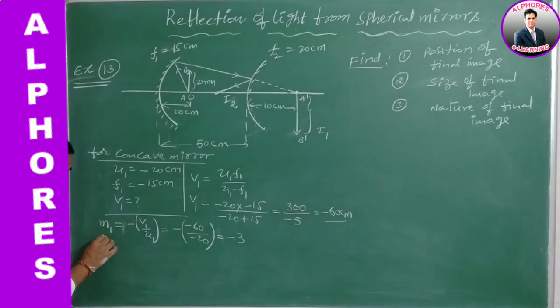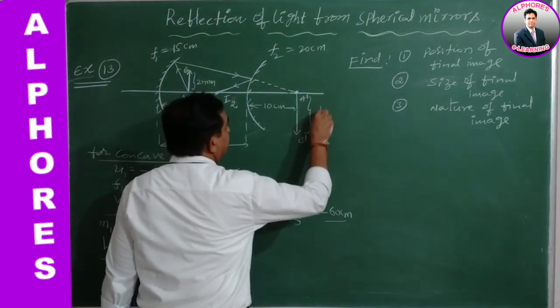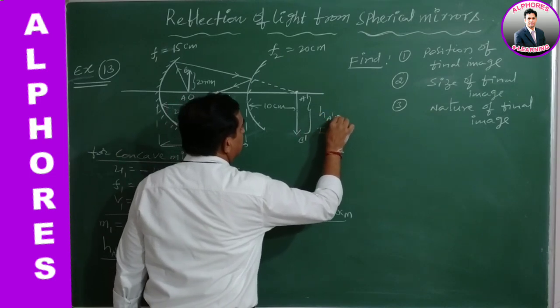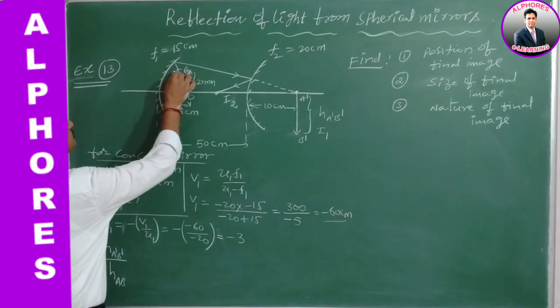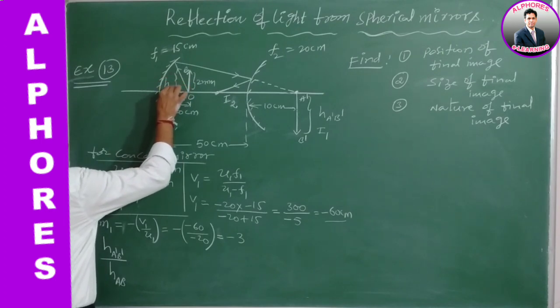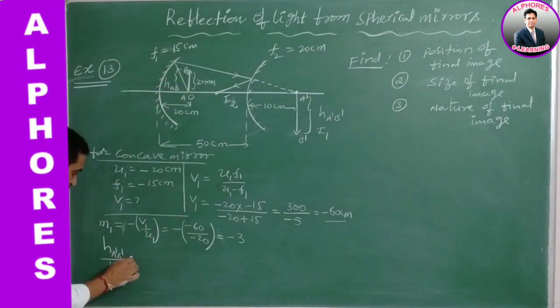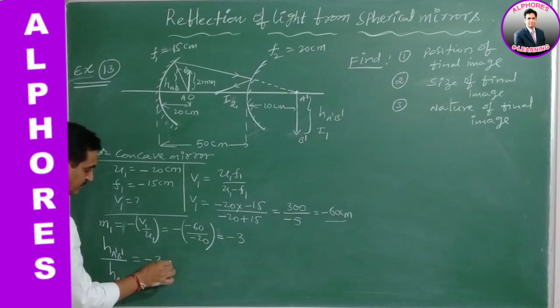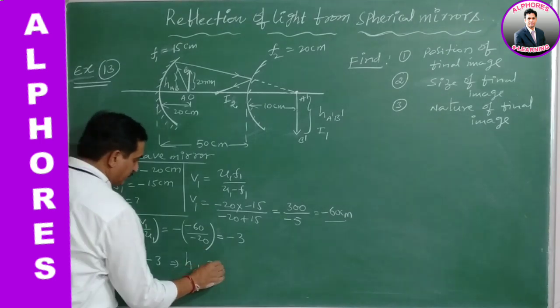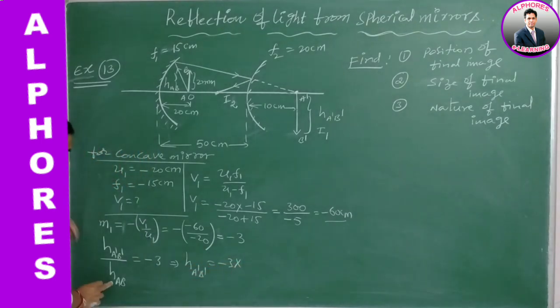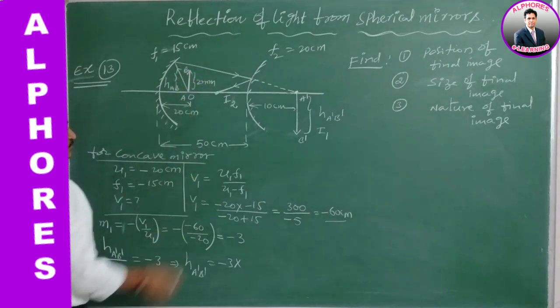So this magnification we can write as the height H A dash B dash by H A B, which is equal to minus 3. From this, H A dash B dash is equal to minus 3 into H A B.